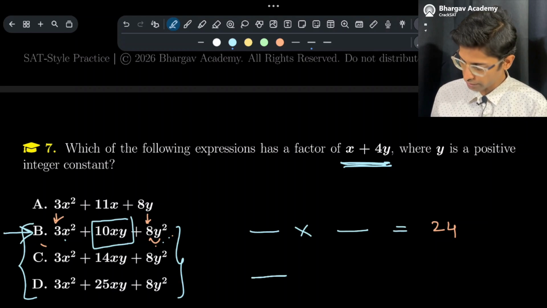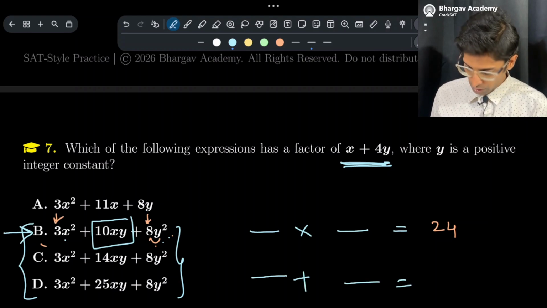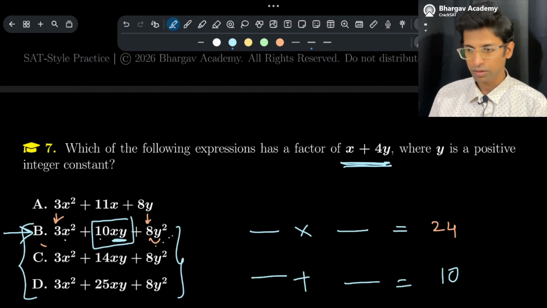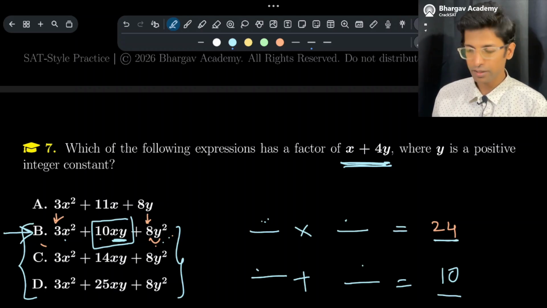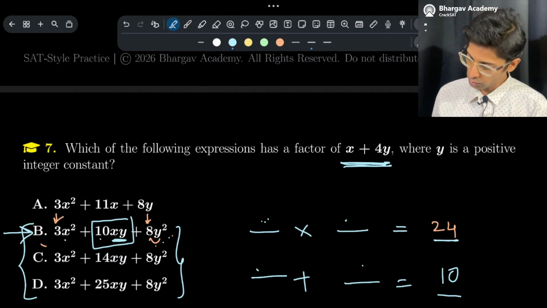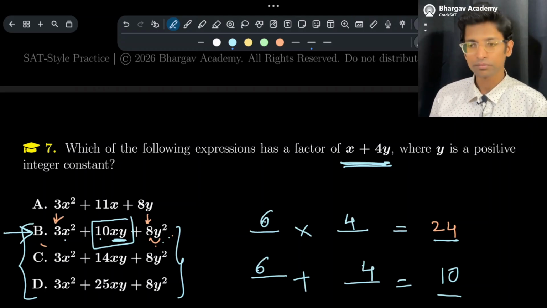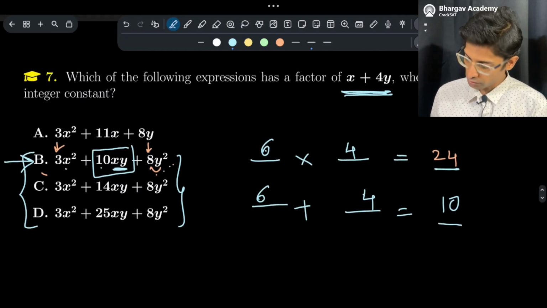And whatever is the coefficient of xy, write it down here. So I have to find two numbers which if I multiply I should get 24, and exactly these two numbers if I add I should get 10. So what are these two numbers? 6 and 4. Straightforward.